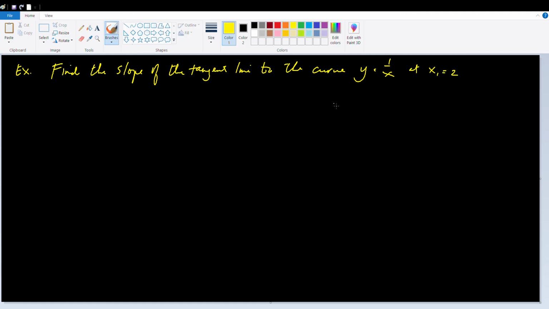Okay? So our f of x is 1 over x and our x1 is 2. So your y1 will be equal to 1 over 2, that is your y1. So the point here is actually at 2, 1/2.